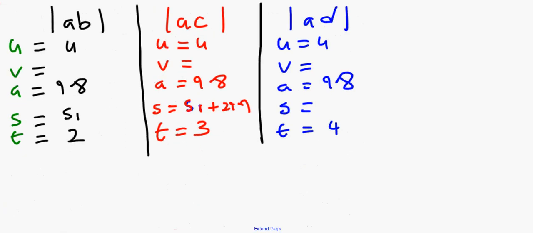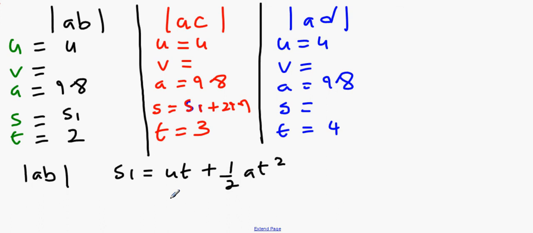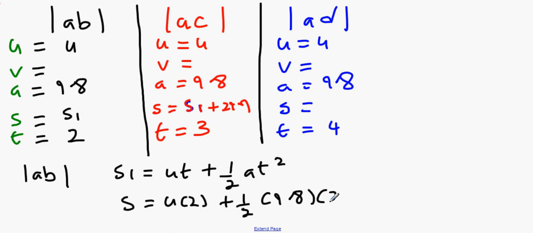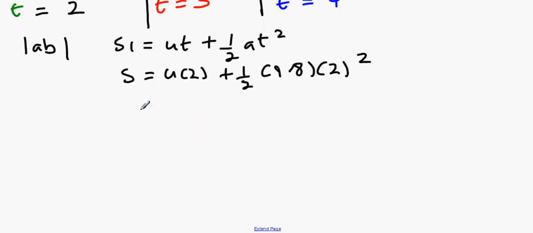For AB, S1 equals UT, because we want U in the answer, so there's no point using V. U is the target, plus a half AT squared. So S equals U multiplied by 2, plus a half times 9.8 times 2 squared. Then S equals 2U plus 19.6. So that's what S1 equals.